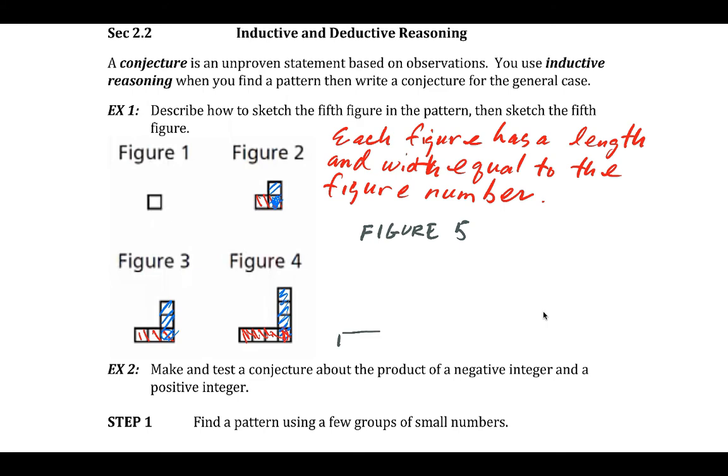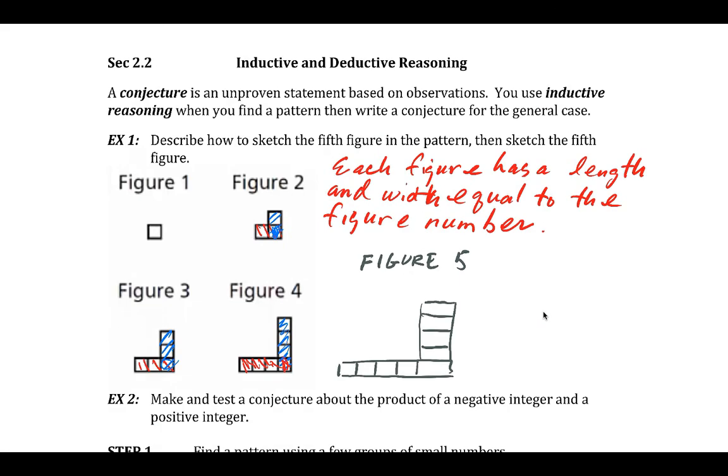But we can go, there's 1 box, 2 box, 3 box. So we have 5. They're not perfect, but then I would have the same thing here. So there's 1, 2, 3, 4, 5.